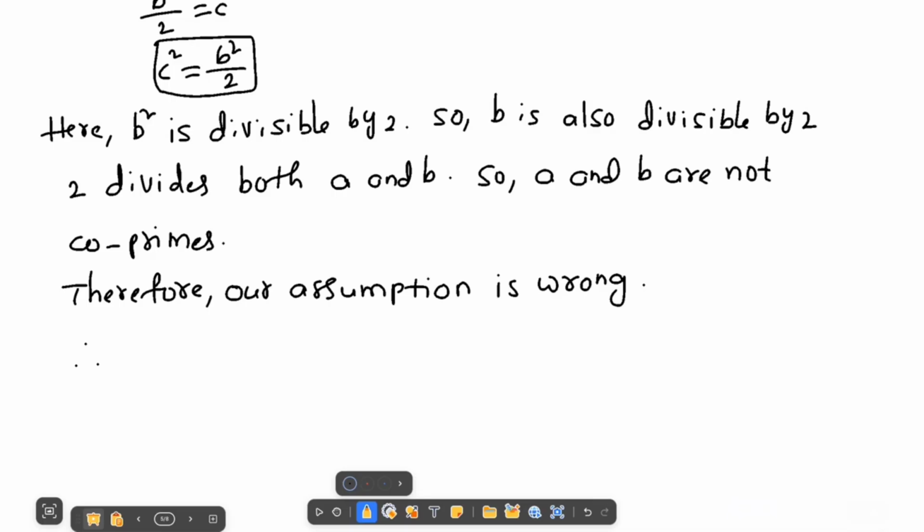So therefore we can say that root 2 is irrational. It is not a rational number. So this is the solution for this question.